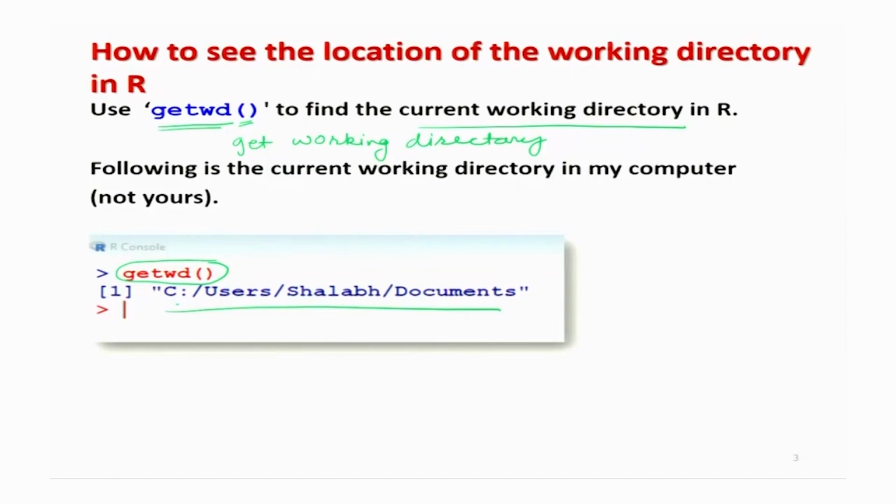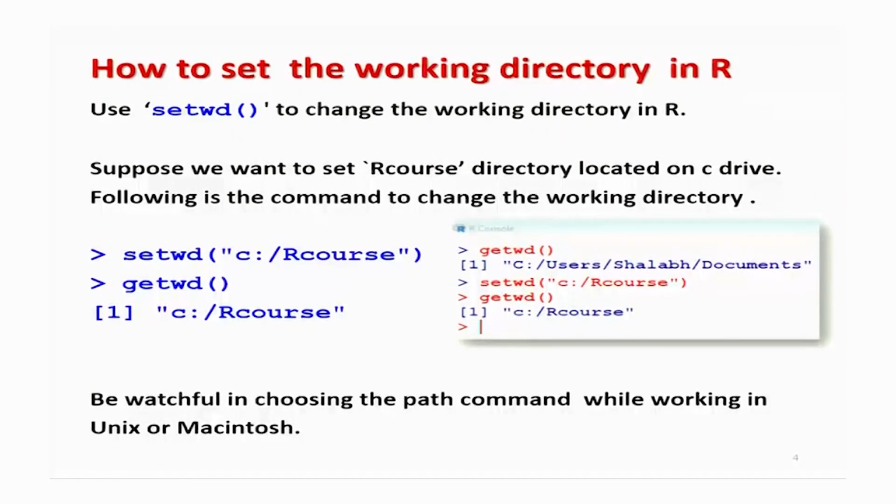You can see the location is c:\users\shalom\documents, etc. And if you want to change it, suppose I have created a folder somewhere where I have copied all my files, and I would like all my files as well as the output to be stored in that particular directory. This means we want to change the working directory.